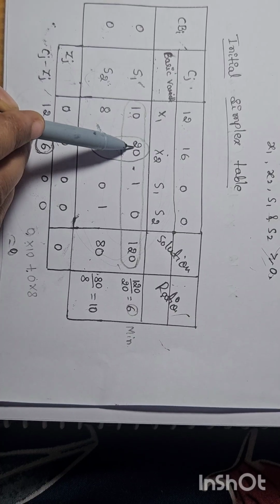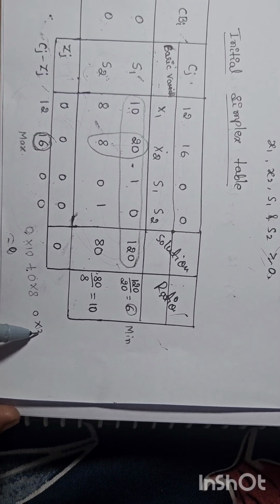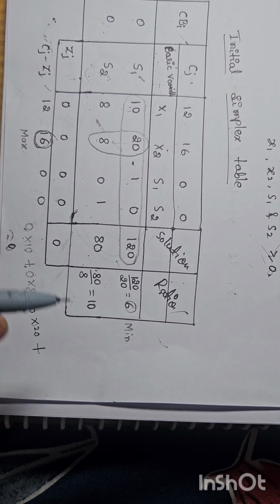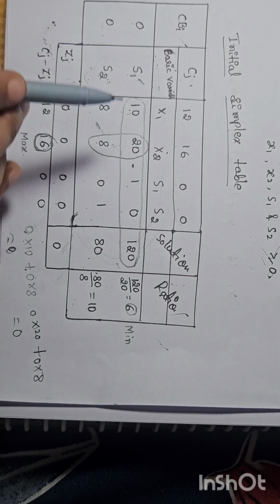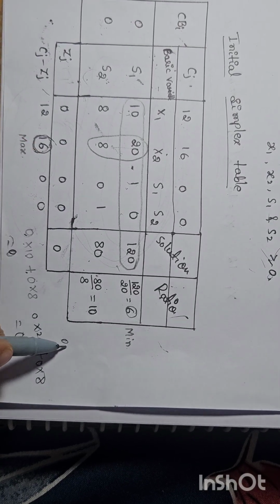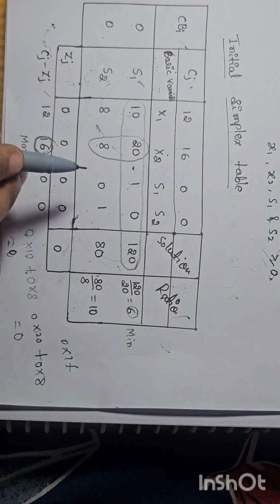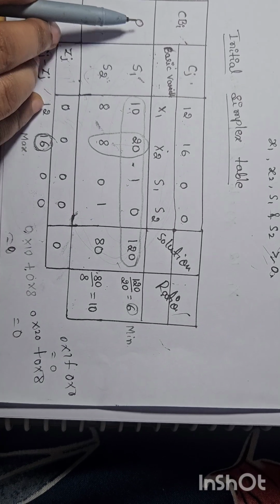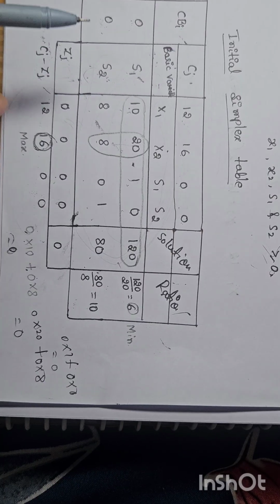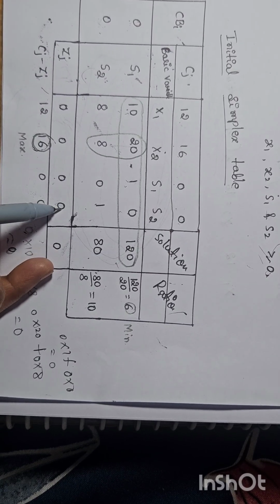0 into 20 plus 0 into 8, we will get 0. 0 into 1 plus 0 into 0, we are getting 0. Similarly, 0 into 0 plus 0 into 1, 0 only.